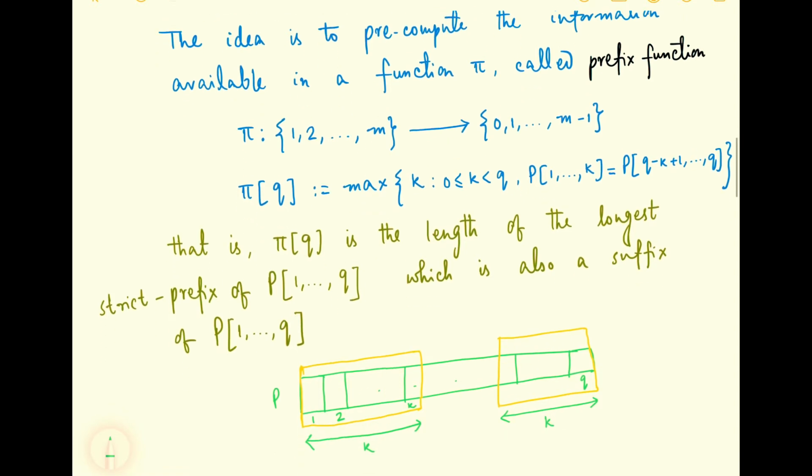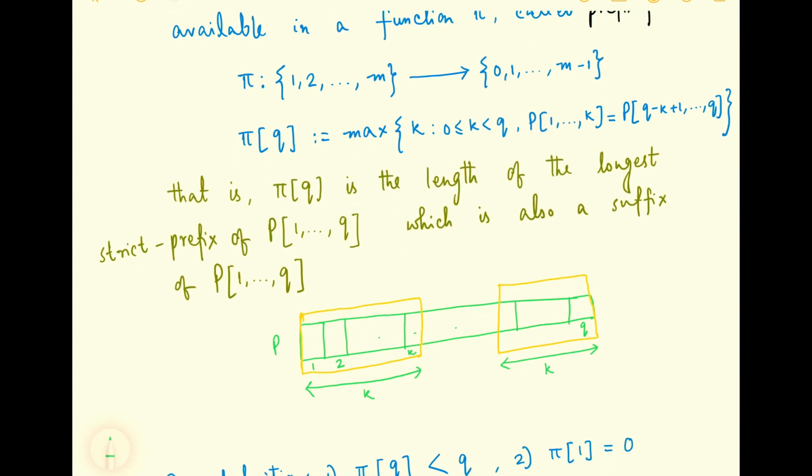So let's understand this definition more clearly using this picture. When computing pi q, I will only focus on the first q characters of the pattern. So pi is a function of the pattern. It does not depend on the input text.